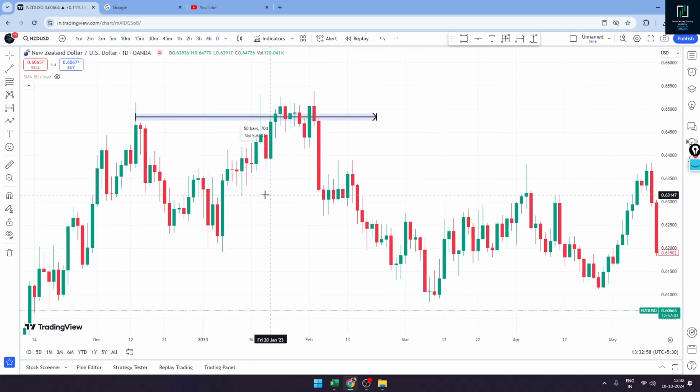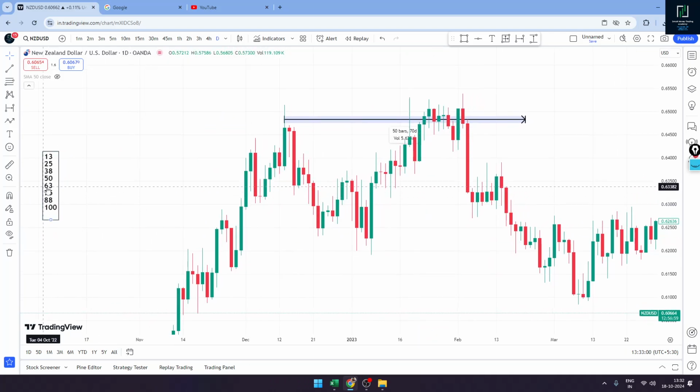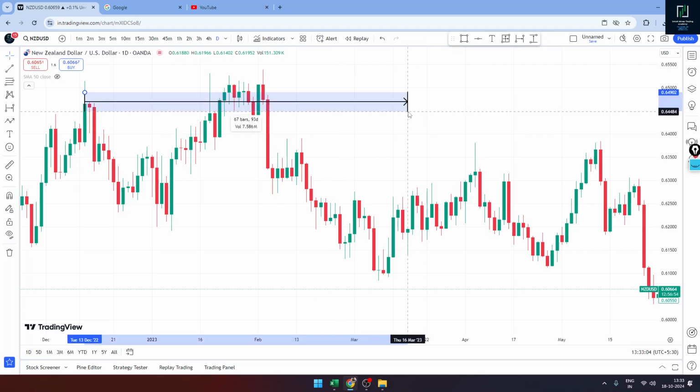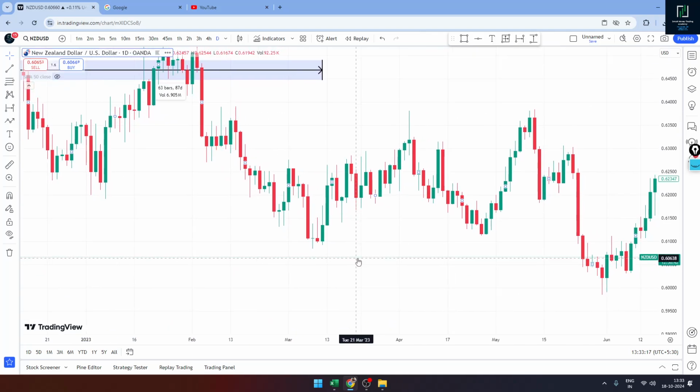Okay, so let's leave it and go 63 bars from here. I'm counting 63 bars, bars, not days. So what is that exactly? It's not a swing leg, but it's created after a swing point.